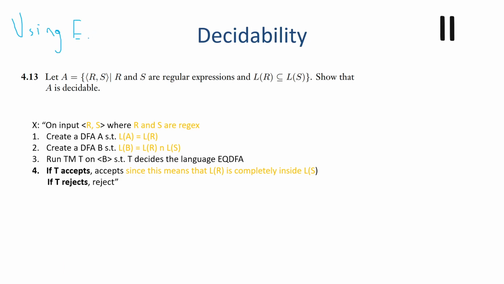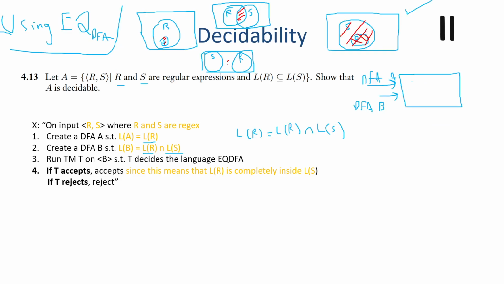Unlike before where we gave it 2 DFAs, now I just want to give it 1. And what might I give it? So this isn't exactly like an EQDFA, it's just something that decides it. So maybe T decides.